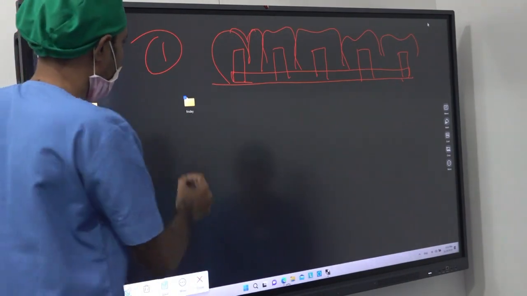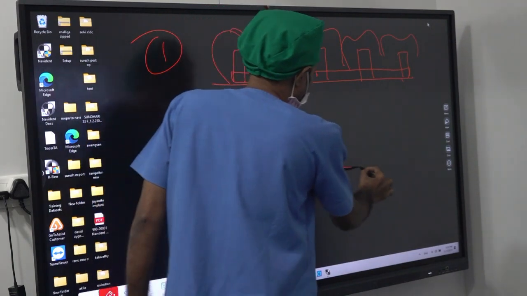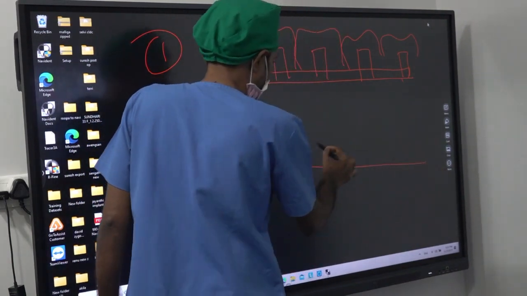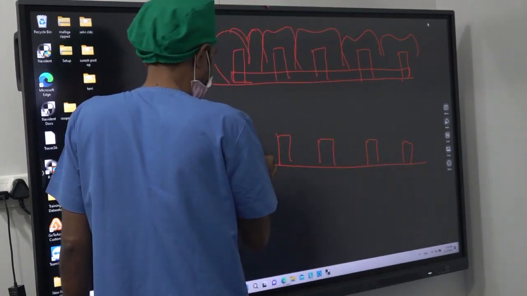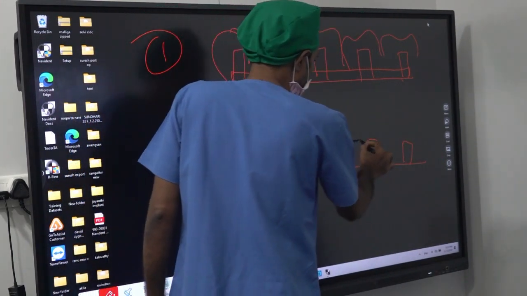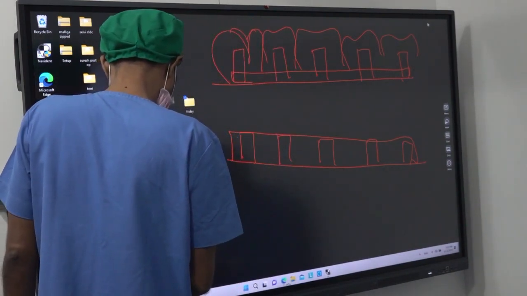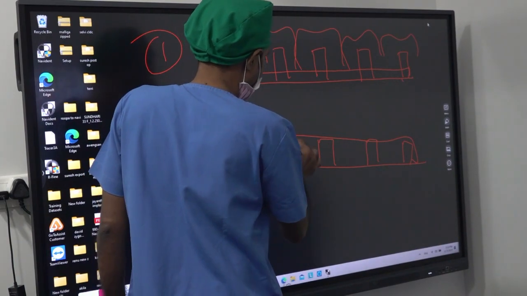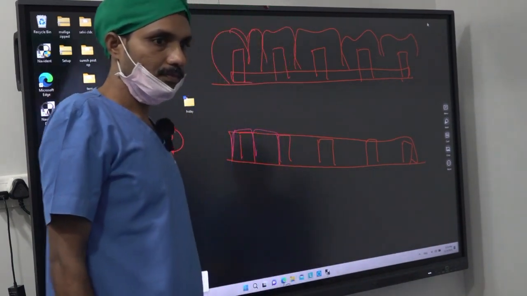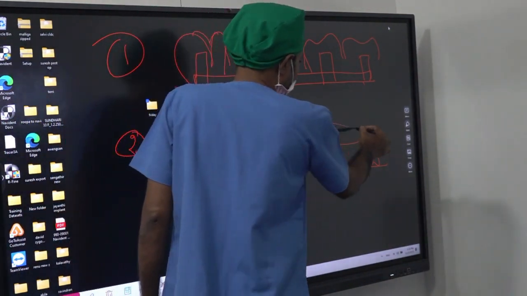The second type is replacing all with single piece implants, but connecting with a bar. We are connecting with a metal bar and giving the process works, metal acrylic, whatever it is.